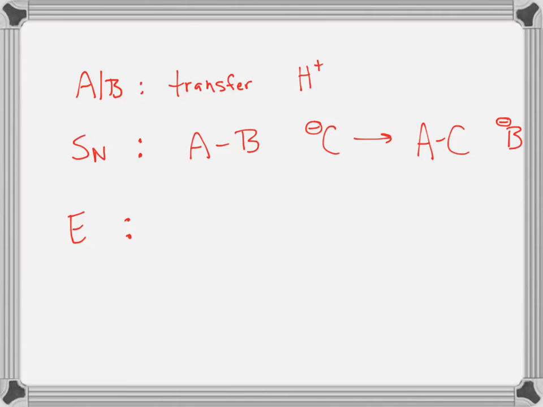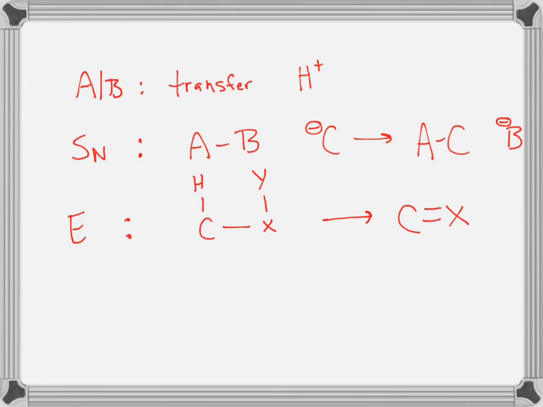Your elimination reaction is going to be a little bit harder to do. What happens in your elimination? You have the formation of a pi bond. We're going to run into issues with using different variables here.